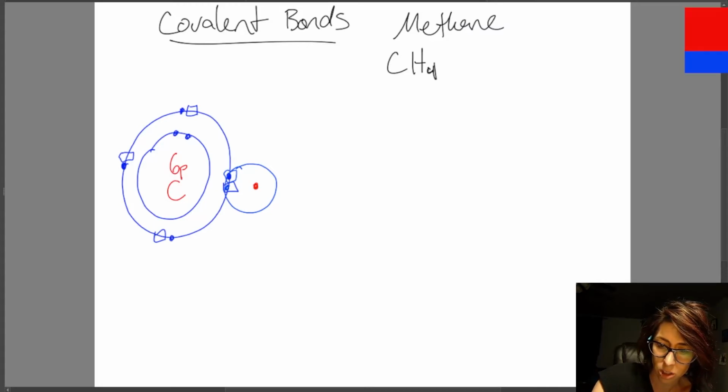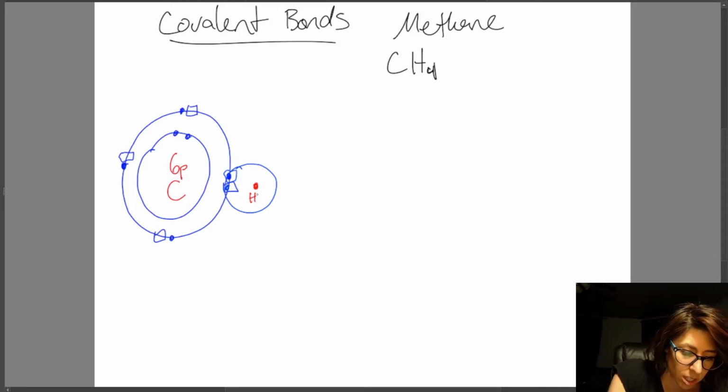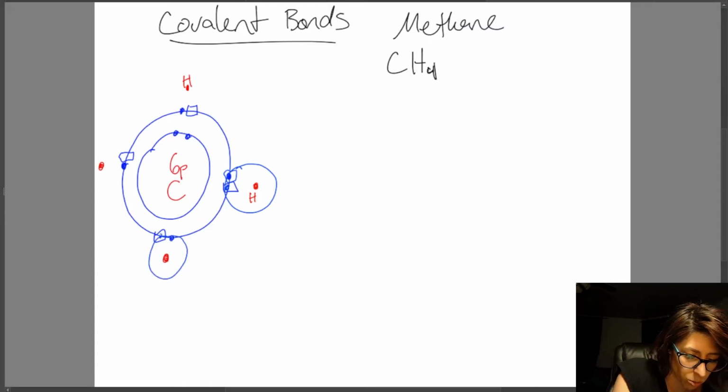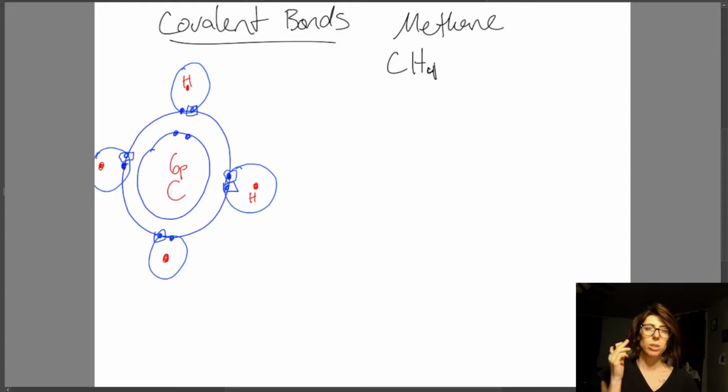So these are the hydrogens. So this is H. This is an H as well. It has one proton. This is an H as well, and this is an H as well. And so let's bring, each one brings one electron to go with its one proton. And here. Okay. So now if we look at the sharing, how many electrons does each hydrogen have?